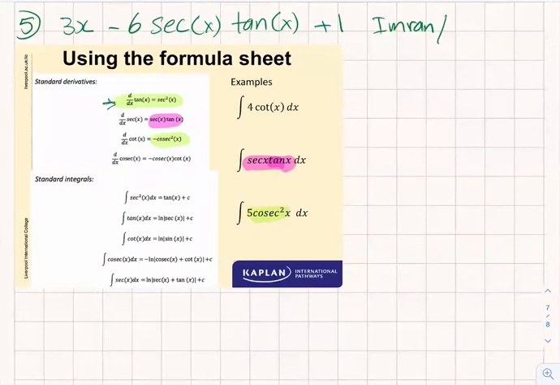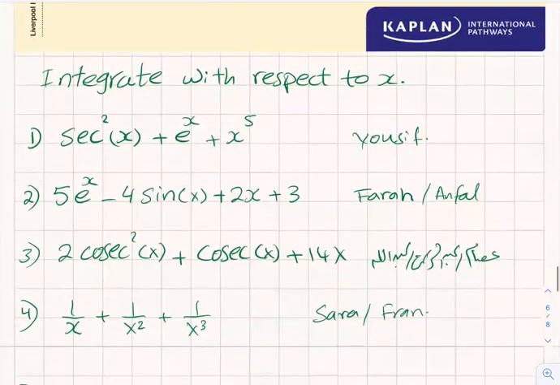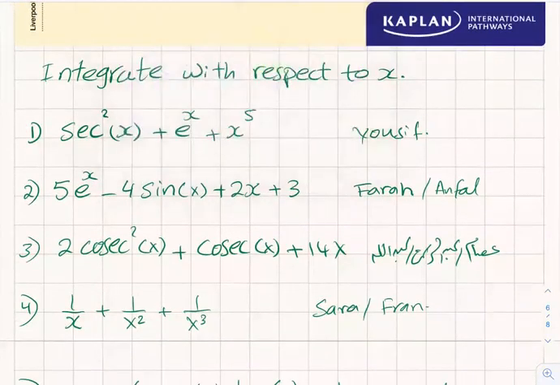So the integration for secant squared will give us tan x. And the integration for e to the power x is the same as it is, so it's plus e to the power x, because the integral of e to the power x equals e to the power x.